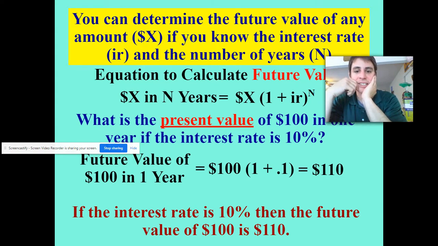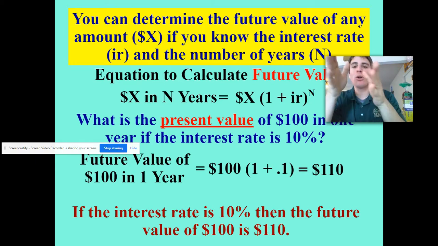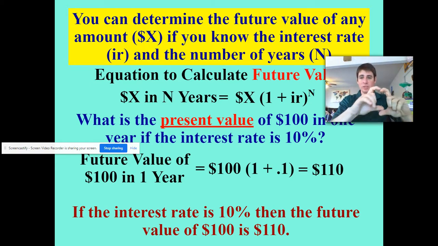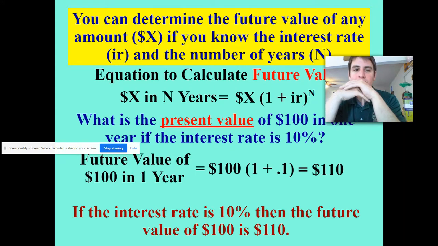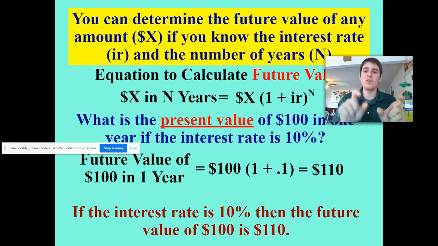So let's say this. What do you need to know? You need to know whether the number is going to be bigger or less than what the current value is going to be. So here's an example. Let's say I wanted to know what is the future value, that is to say, how much is a $100 bill that I deposit in the savings account going to be a year from now?